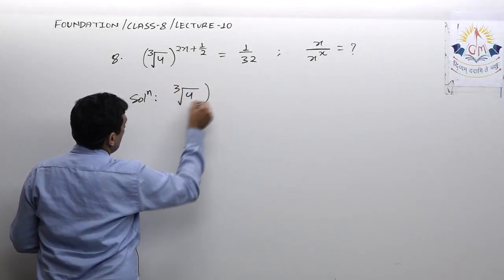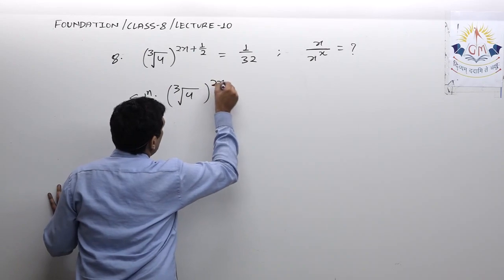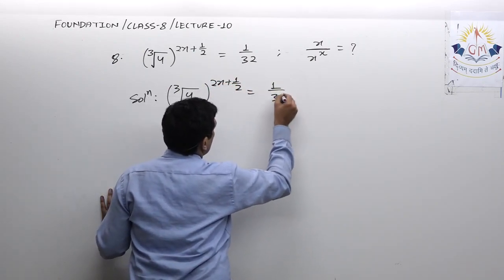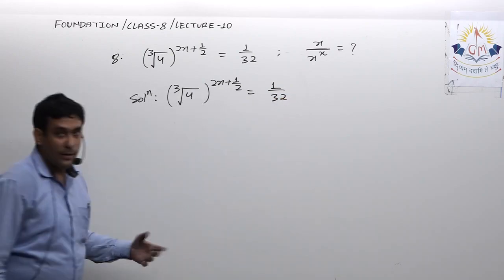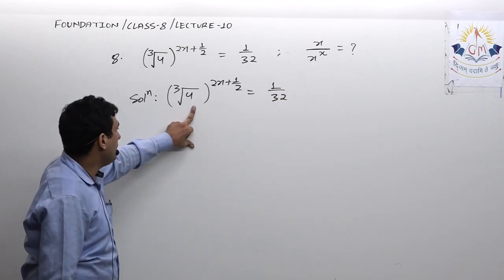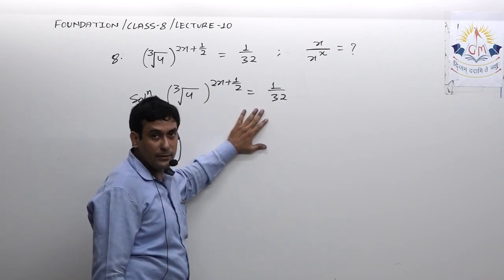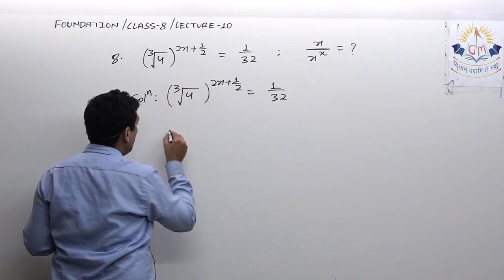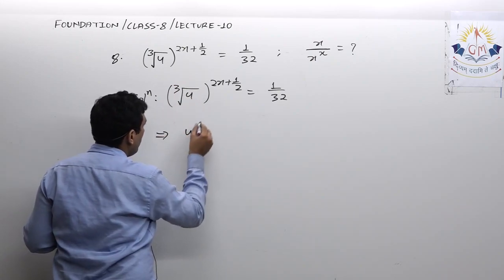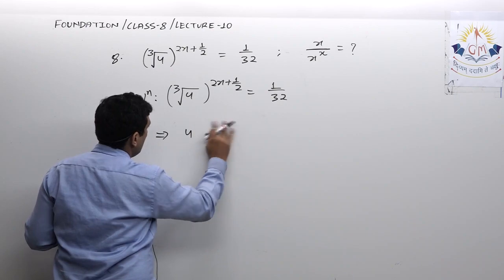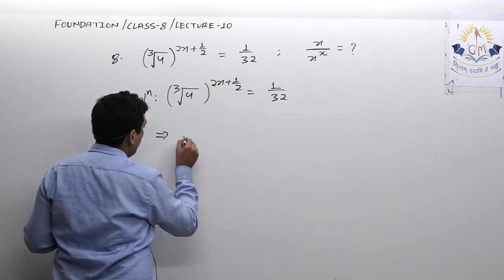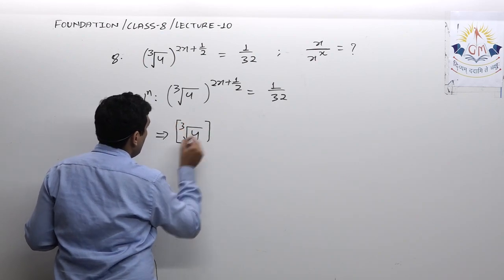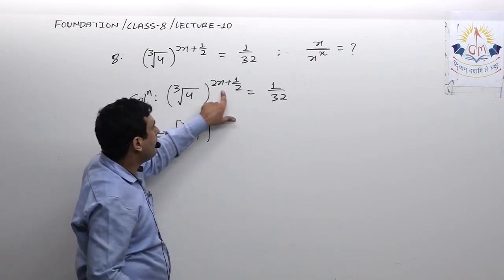Third root of 4 raised to 2x plus 1 by 2 is equal to 1 upon 32. Again the same thing, what you need to do, first we have to make the bases same. So here first of all this is third root, that means 4 raised to 1 by 3. Or before I move to that, it is advisable that simplify this, because this is 2x plus 1 by 2.